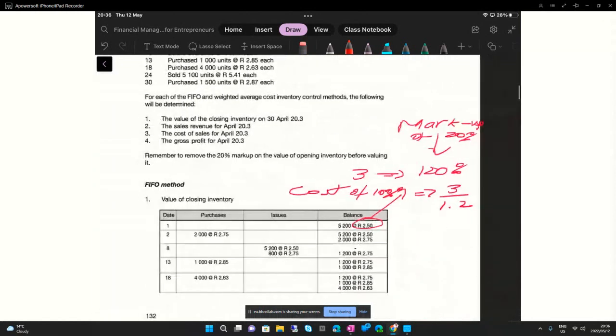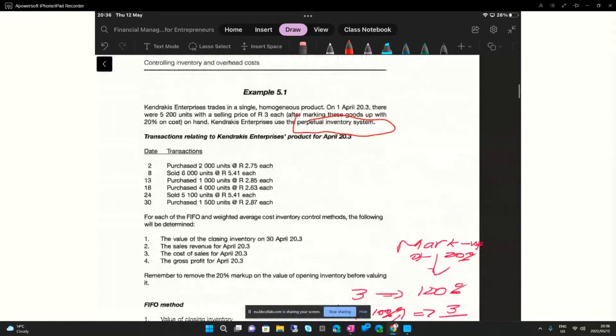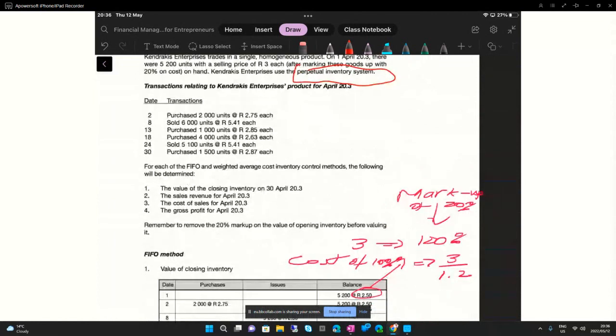So it is important for you to see, we have a very good example here, where data is being given to you, as you can see, with purchases, what we are acquiring, and what we are selling. The difference between the two: purchases is what we are acquiring as inventory, and issues is basically sales.